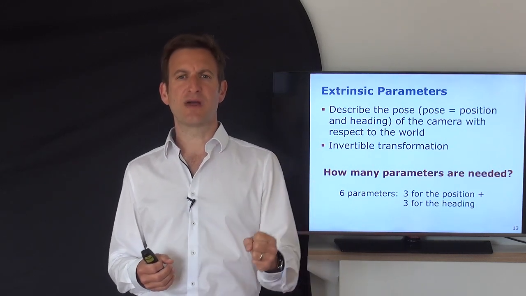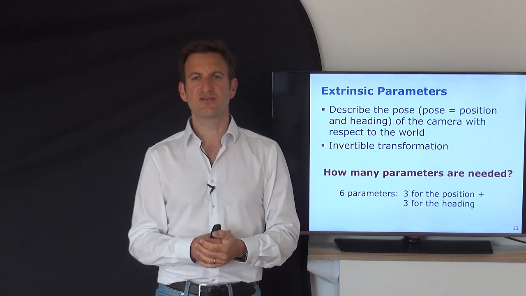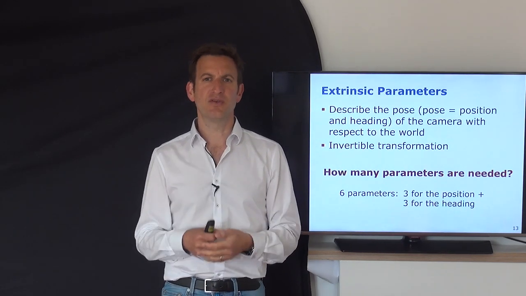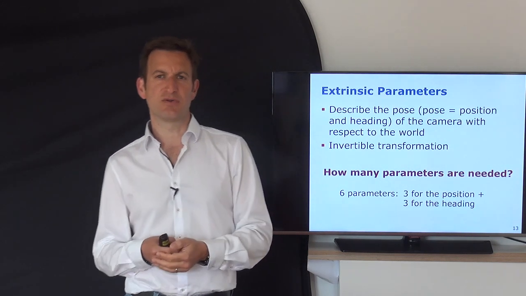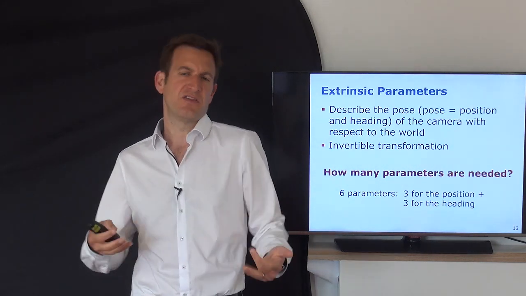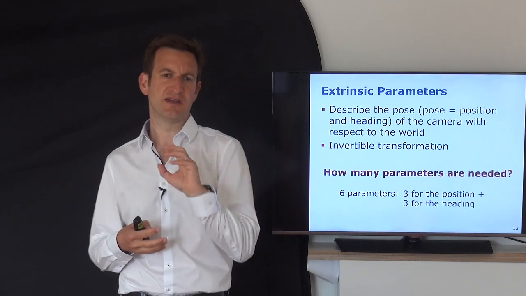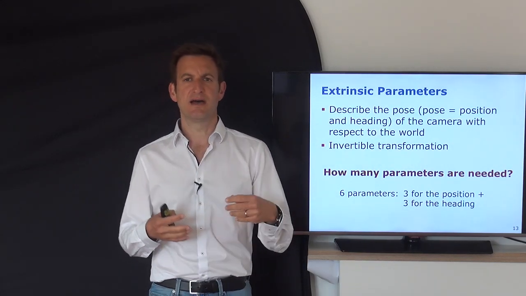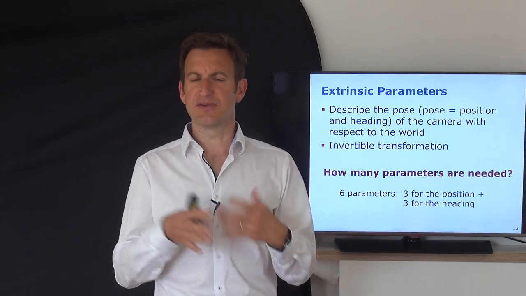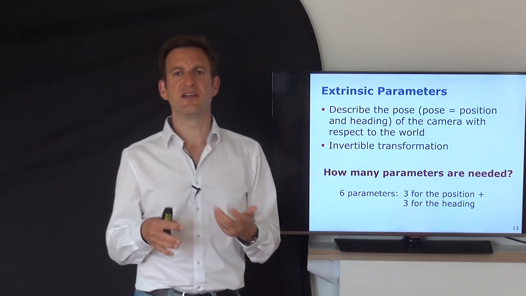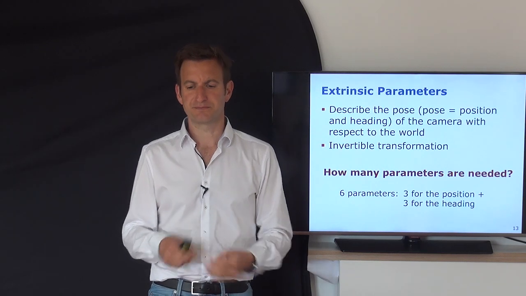So the extrinsic parameters are 6 extrinsics, which describe the pose, that means position and heading of my camera in the world reference frame. This is an invertible transformation because, of course, we can shift the camera around. It's a rigid body transformation in the 3D world, something that is always invertible.